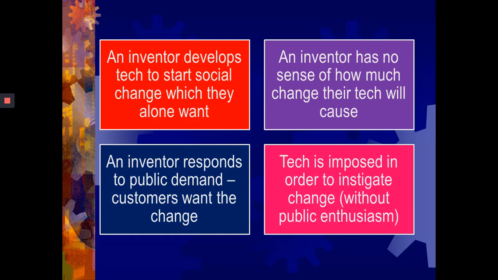Could be anything that they're inventing, really. It might be that inventor has devised this bit of technology because they hope it will revolutionise society in some way. They want to see a particular change, and so they invent this contraption and try and sell it to the rest of the world because they want to change society.